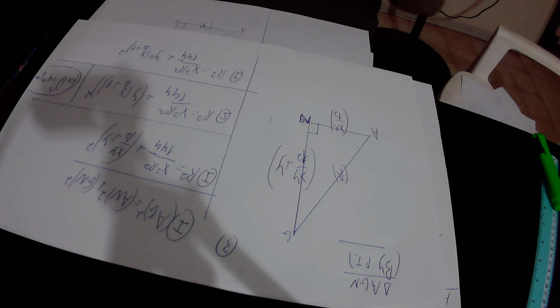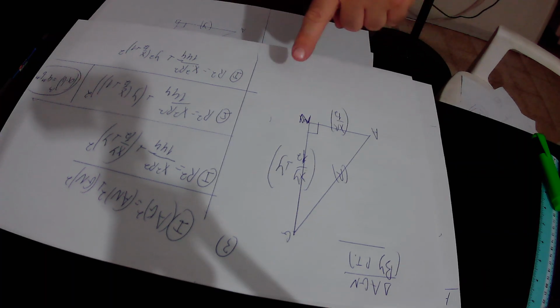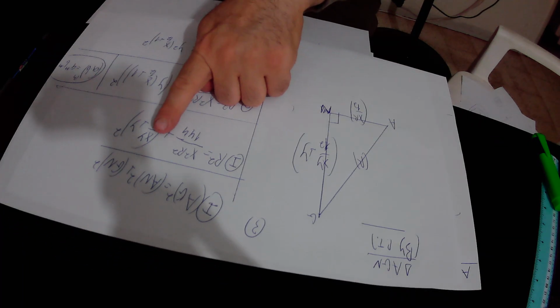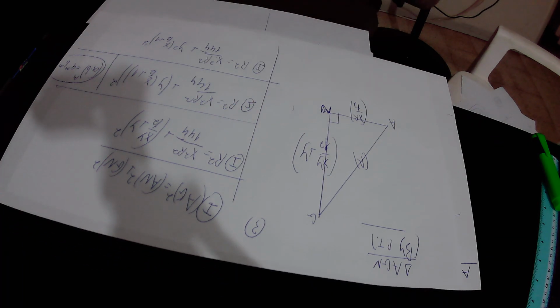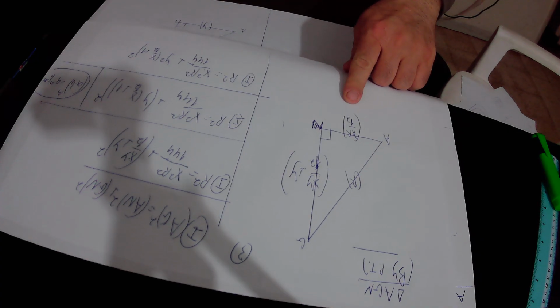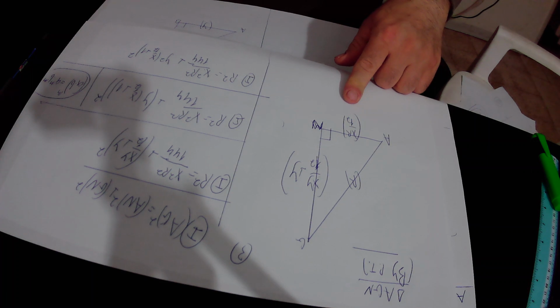So according to the Pythagorean theorem, in this right triangle AGN, AG squared equals AN squared plus GN squared. AG is R, therefore AG squared is R squared, and it equals AN squared plus GN squared. AN is xR over 12, therefore AN squared is (xR over 12) squared, which equals x squared times R squared over 12 squared, that is 144.